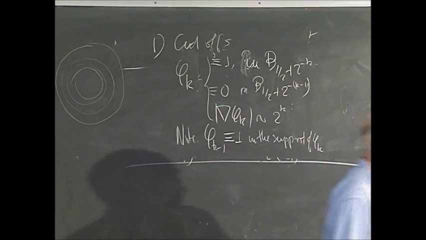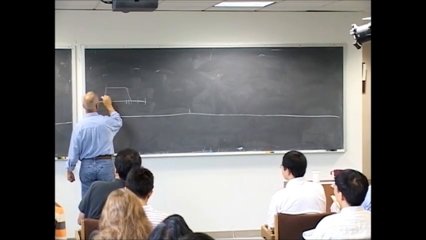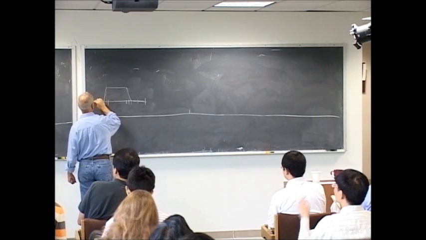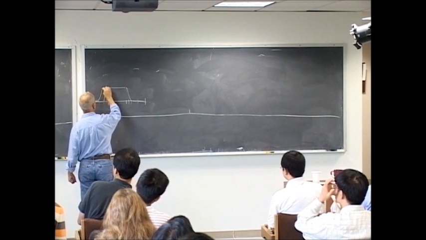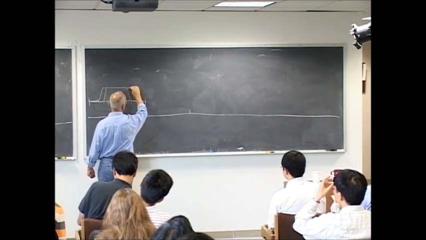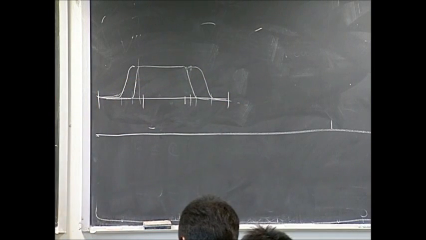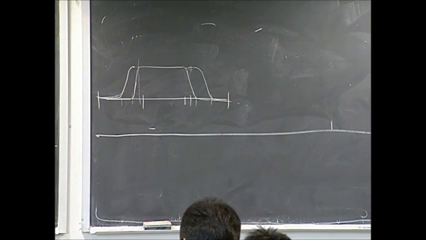So I have this one and I have the previous one comes along here, and by the time it reaches the support of the next one it has become identically 1, and so on.